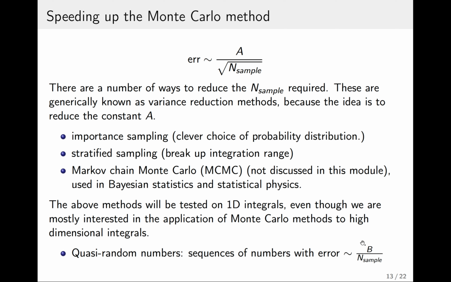So for very large dimensional integrals, this technique doesn't work, but it works for moderately large dimensional integrals. And the fact that the error is going down like 1 over n sample rather than the square root of n sample means these techniques are more efficient. Well, I'd say it's a lot easier to reduce the errors using quasi-random numbers.